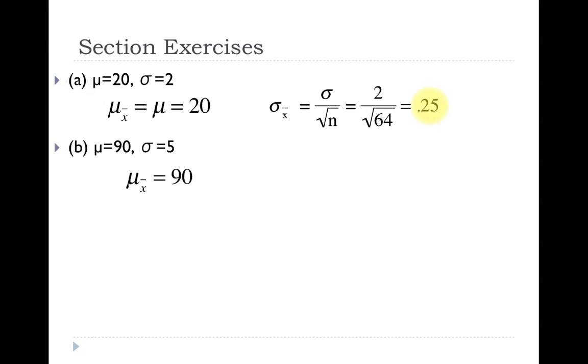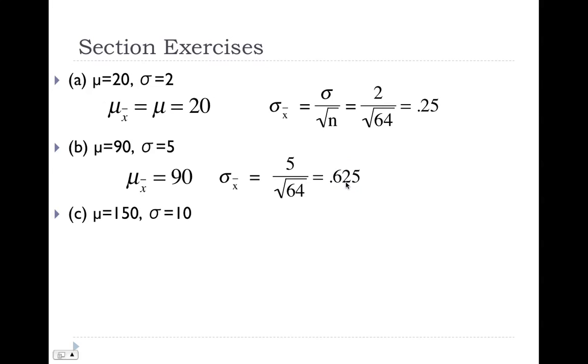For part B, the mu sub x bar is the same as the mean of the population, which is 90. Standard error, sigma x bar, is 5, which is sigma, divided by the square root of 64, the square root of the sample size, so 0.625.